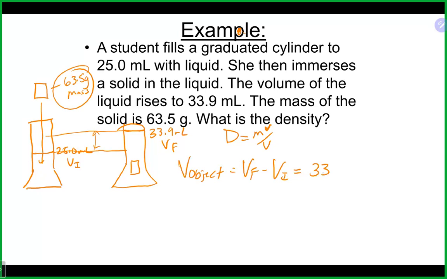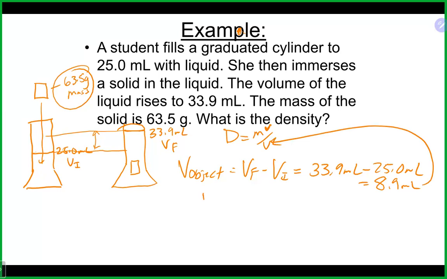That's going to be 33.9 milliliters minus 25 milliliters, and that's going to give us, I believe, 8.9 milliliters. And that is the volume of the object, which is our last thing missing here.